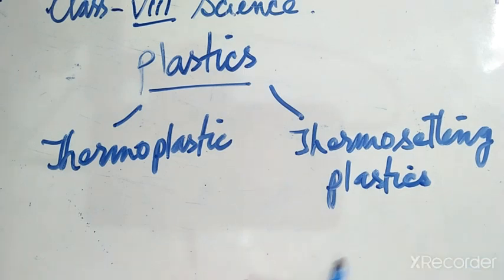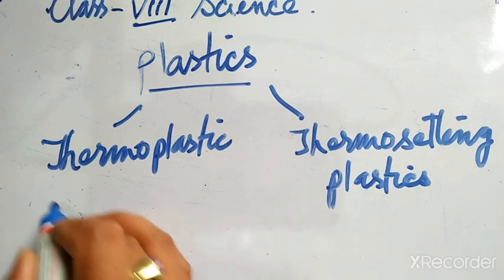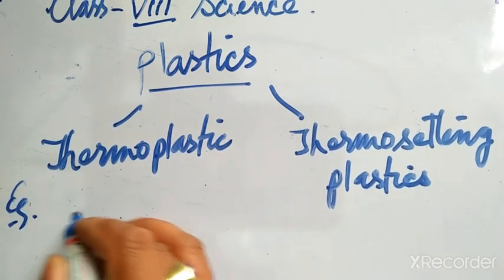In the thermoplastics, polythene and PVC, polyvinyl chloride, are some of the examples of thermoplastics.